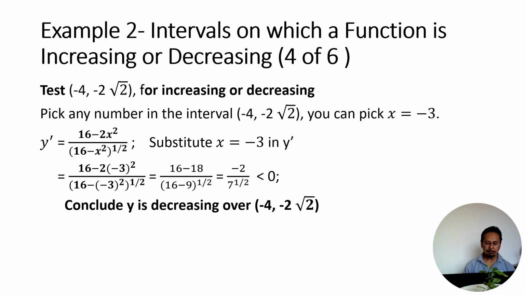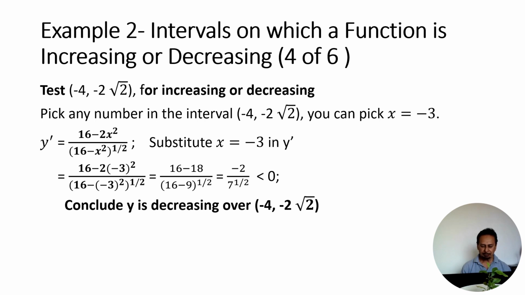So let's test for increasing, decreasing over this interval negative 4 to negative 2 square root of 2. We pick any number in the interval negative 4 comma negative 2 square root of 2. You can pick negative 3. So now we substitute negative 3 in the first derivative, 60 minus 2x squared over 60 minus x squared to the 1/2.